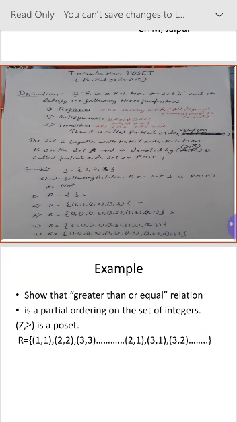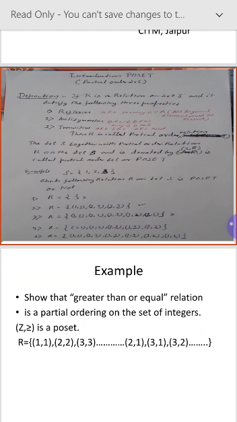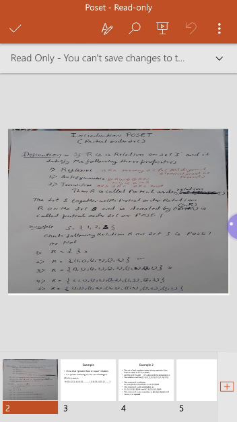We have the set S with elements 1, 2 and 3, and we are given some relations. We have to prove whether these relations are POSET or not. First relation, we have R equal to empty.